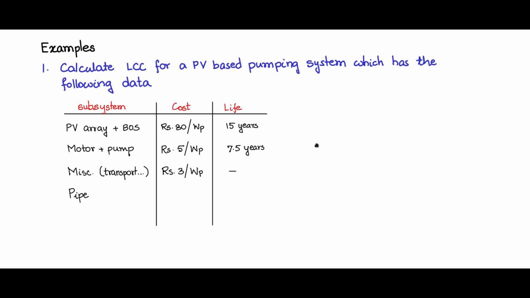Then piping costs rupees 100 per meter, and the pipe has a lifespan of 5 years. Then the cost of the well, the normal well, is rupees 300 per meter, and then no life.